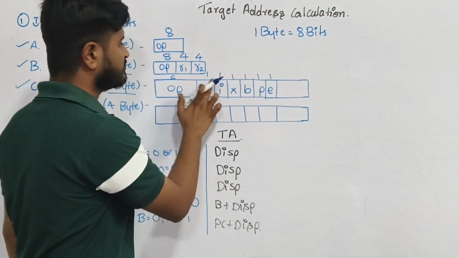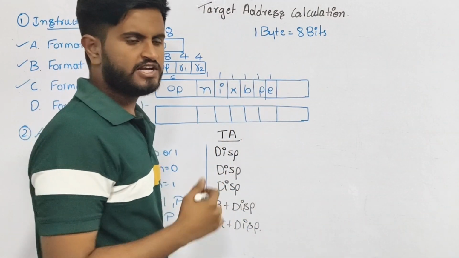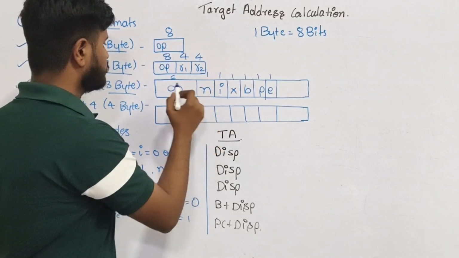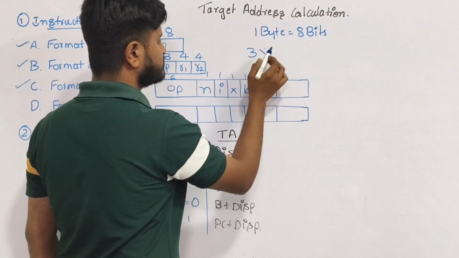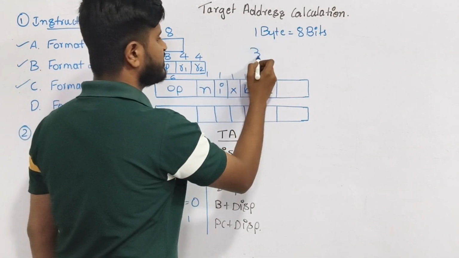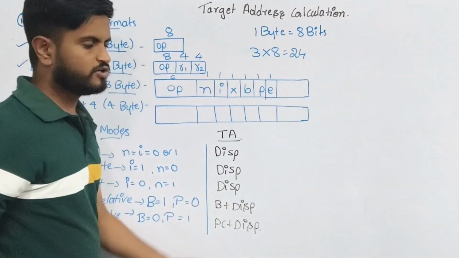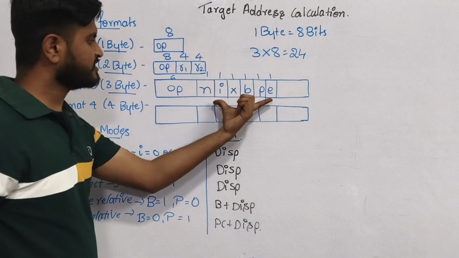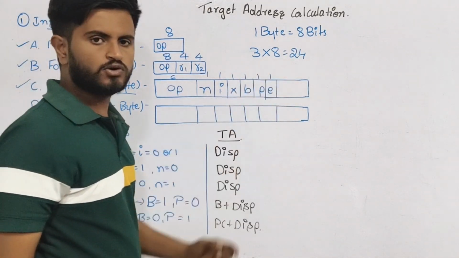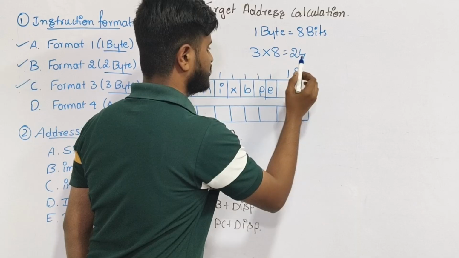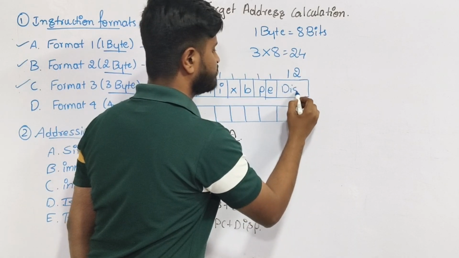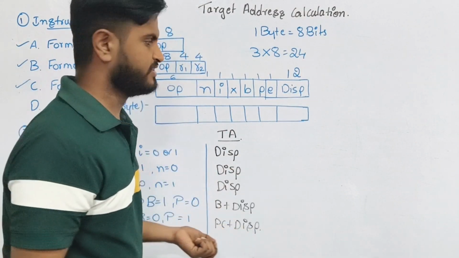So 6 plus 6 will be 12. How much do we have? 3 bytes means 3 into 8, 8 3s are 24. In 24, 6 is here and another 6 is occupied, so what is left is 12. This will be the displacement, or you can call it the address.